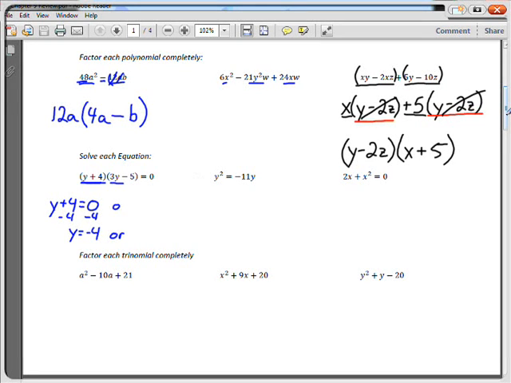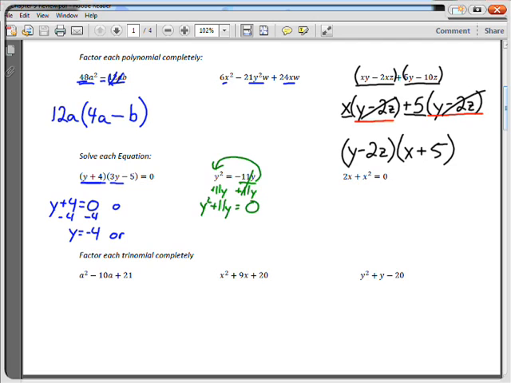On the next one, in order to solve this equation, I have to get 0 on one side. So I need to move this negative 11y over to this side of the equation. In order to do that, I have to add 11y to both sides. When I do that, I'm going to be left with y squared plus 11y is equal to 0. After I do this, now I have to factor it. I have to get it into a product of two different terms so that way I can solve it for 0.